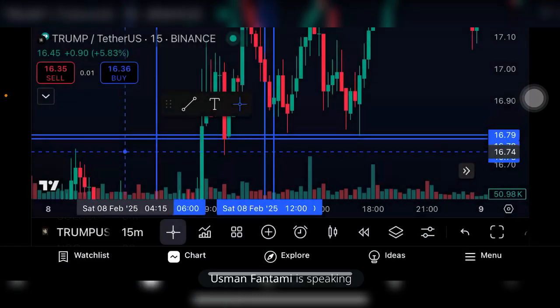Okay. The problem is that I don't know how to use TradingView on my iPad. Last time, Mr. Sida was teaching us using a laptop. On iPad, I think it's basically the same thing.